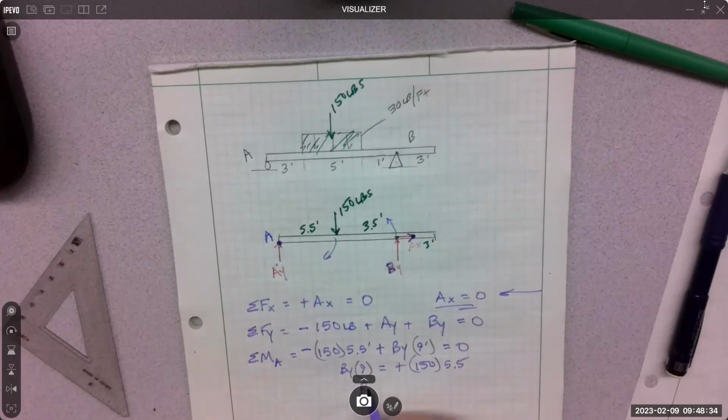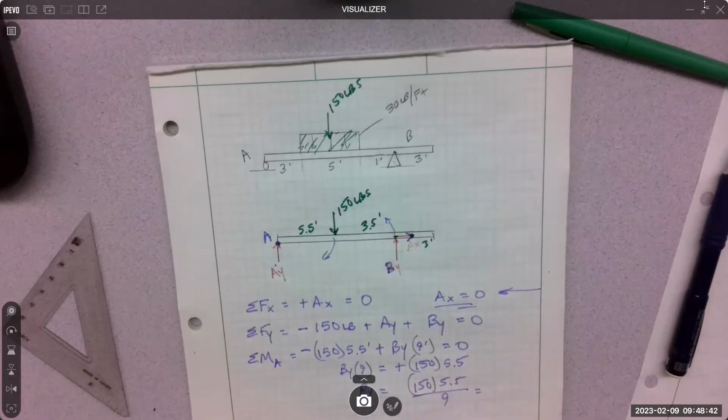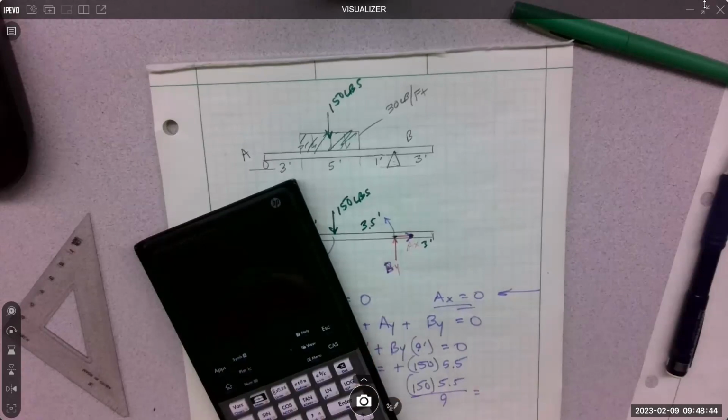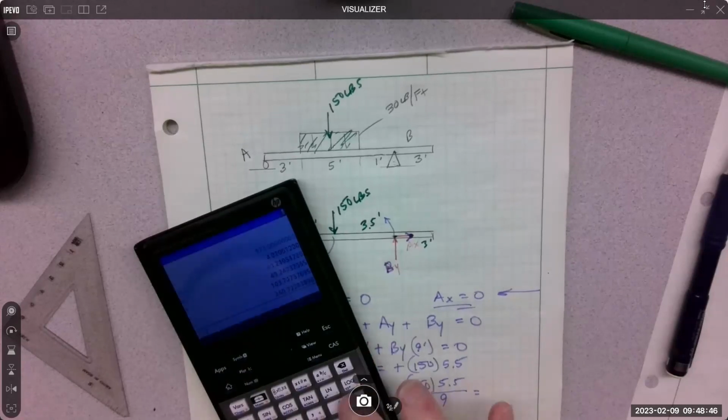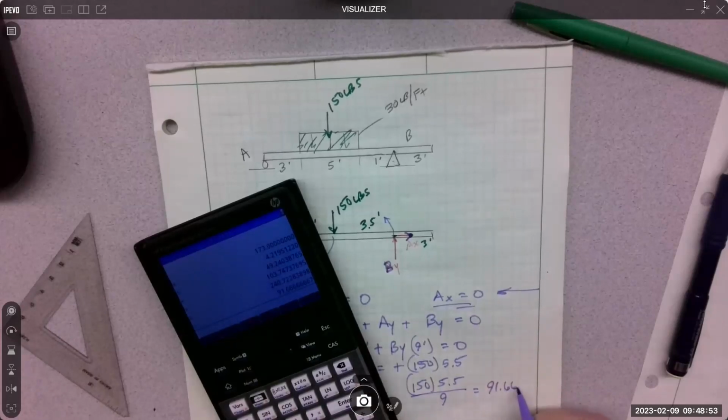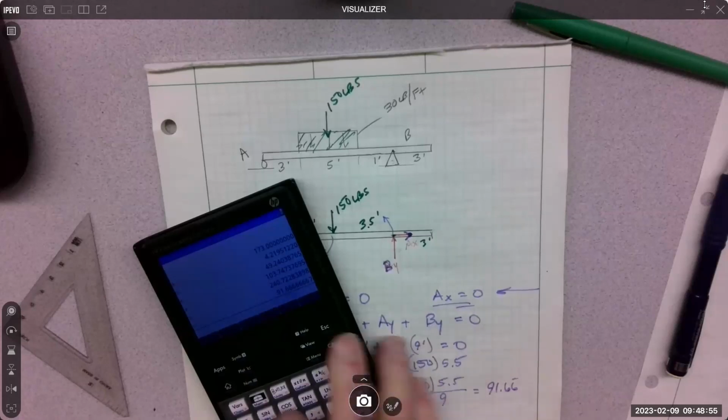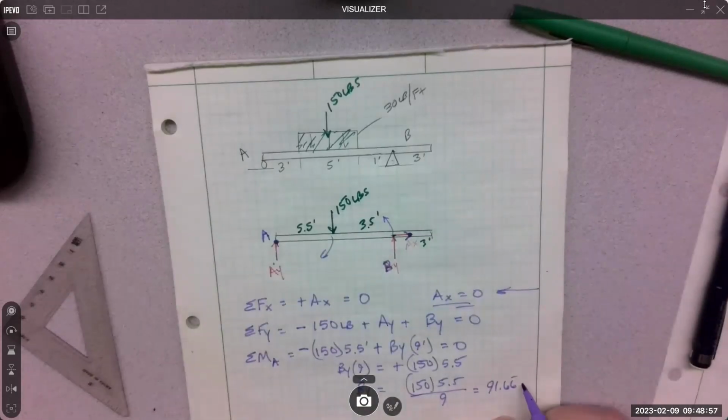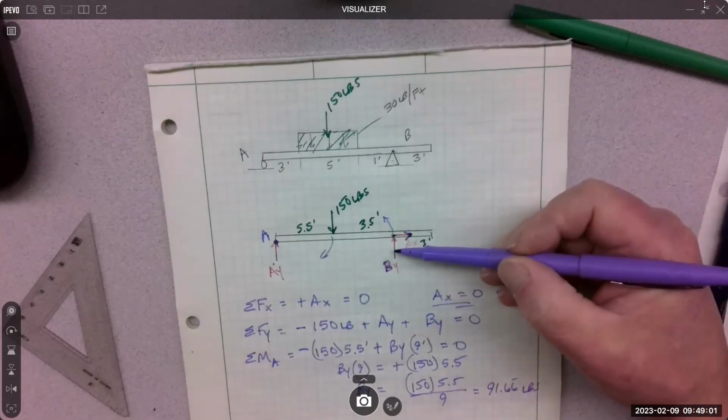And then BY would equal 150 times 5.5 divided by 9. 91.666, and that's pounds. That's how much load's here.